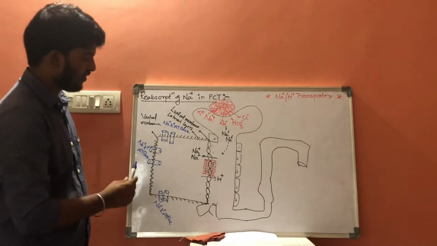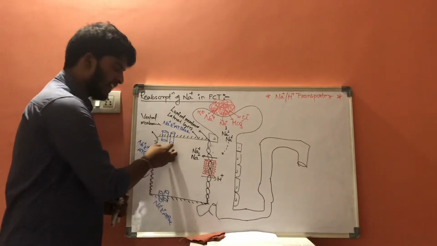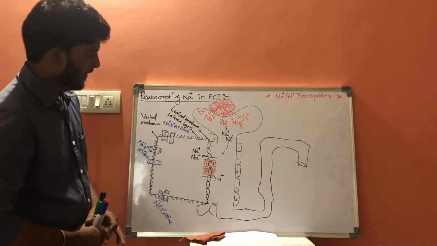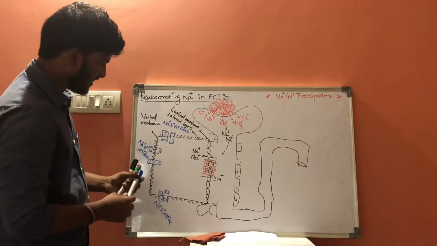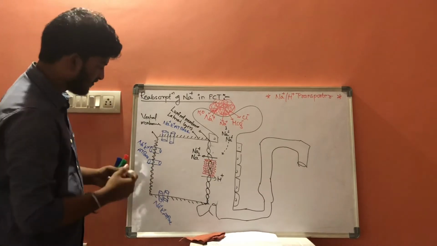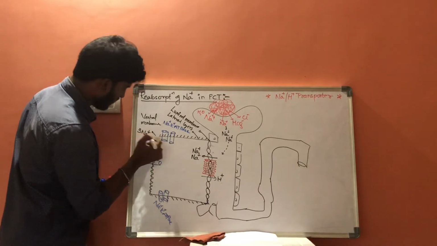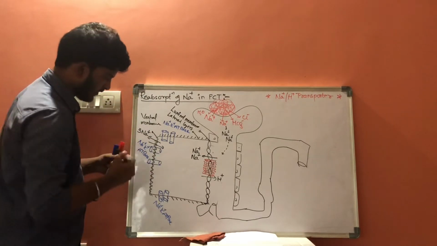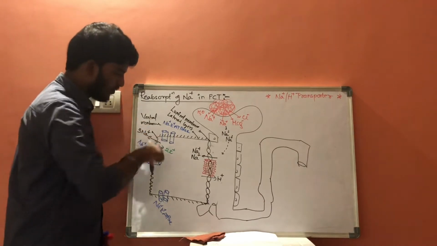So this is sodium potassium ATPase, which is present on every cell of lateral membrane and ventral membrane. The function of this sodium potassium ATPase is it helps in efflux of 3 sodium ions towards outside and 2 potassium ions towards the inner side.